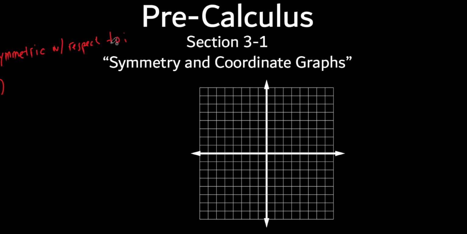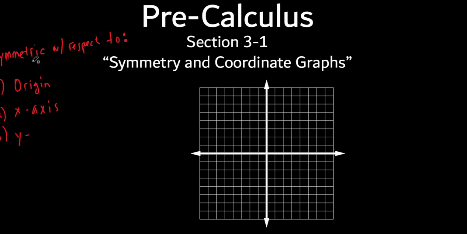So I'm going to have four different things. The first one we're going to talk about is with respect to the origin. Actually, we may go in a different order when I write these out. Then we're going to have it symmetric with respect to the x-axis. There might actually be 5 of these. You could have a multitude of these, really, but these are 4 we're really going to talk about.